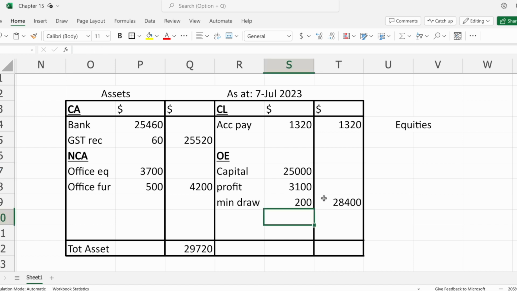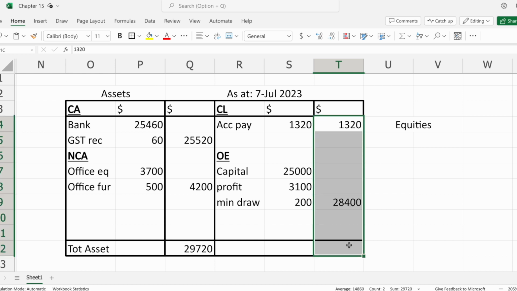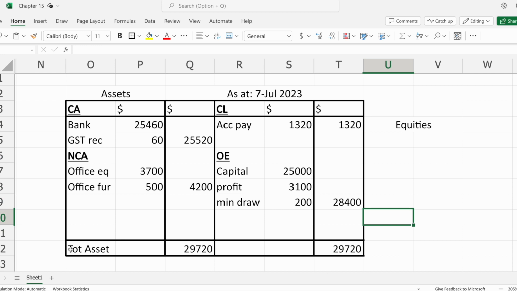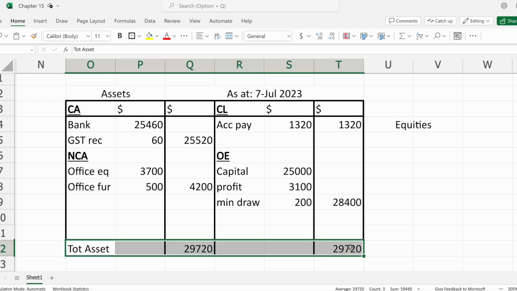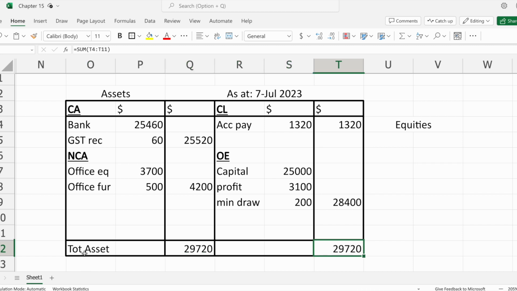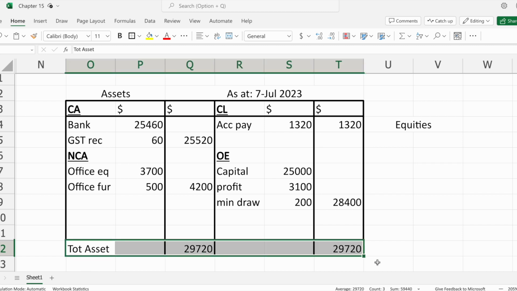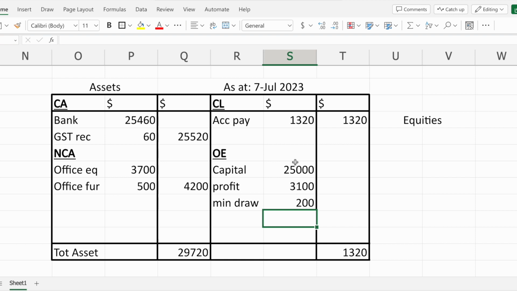So when you add these two up, yep, our assets and liabilities are matched. So these are not called liabilities; these are called equities. So they're matched up. My bad, guys. I made a small error.